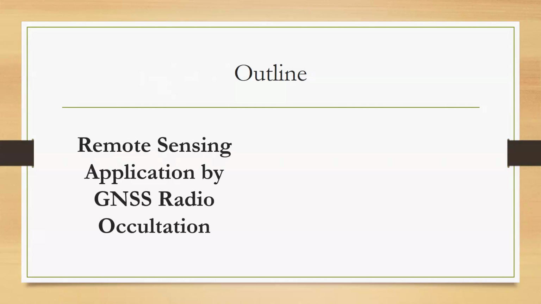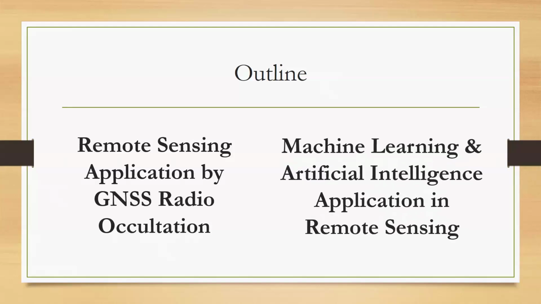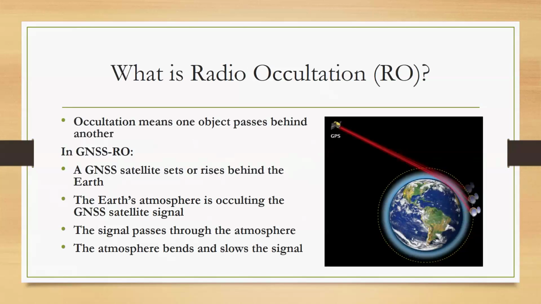So the first part of this other class is going to be on remote sensing applications by GNSS radio occultation. I will explain what that means, and then machine learning and AI applications in remote sensing. We'll start with this term, radio occultation, and what it means.